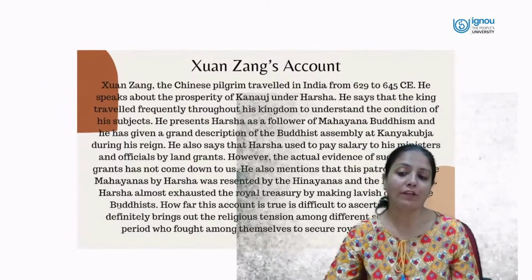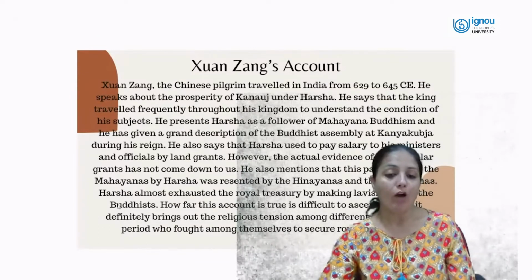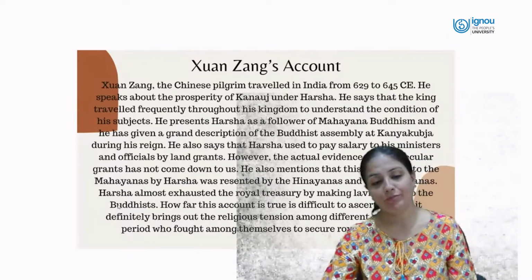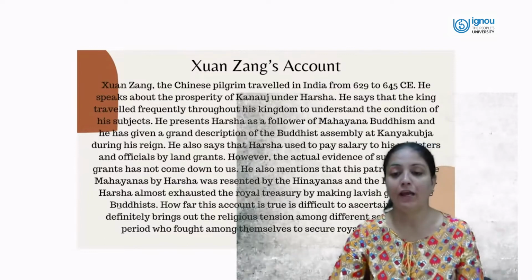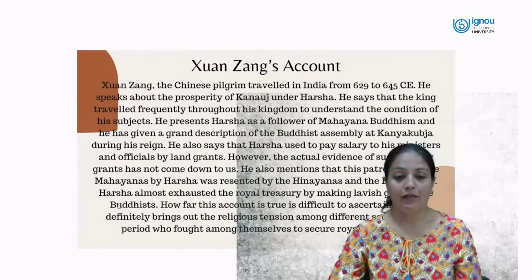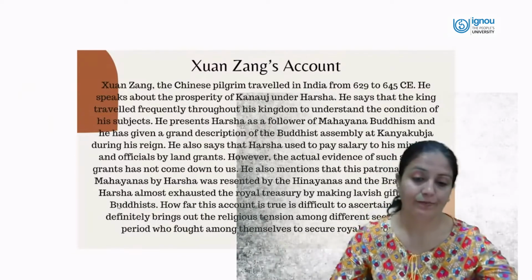He gave a lot of gifts to Buddhists. How far this account is true is difficult to ascertain, but it definitely brings out the religious tensions among different sects of this period who fought among themselves to secure royal patronage.